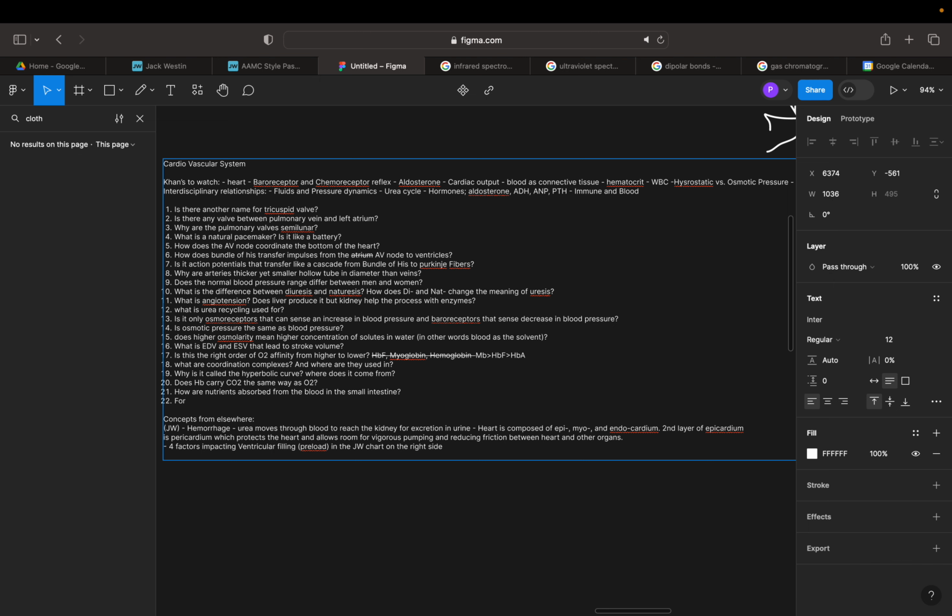For blood types, do we say A minus or A negative, or O positive or plus?